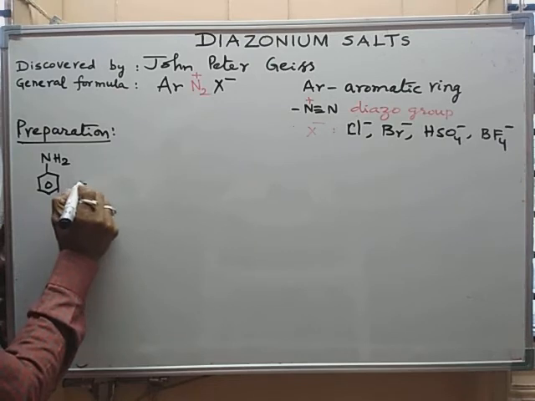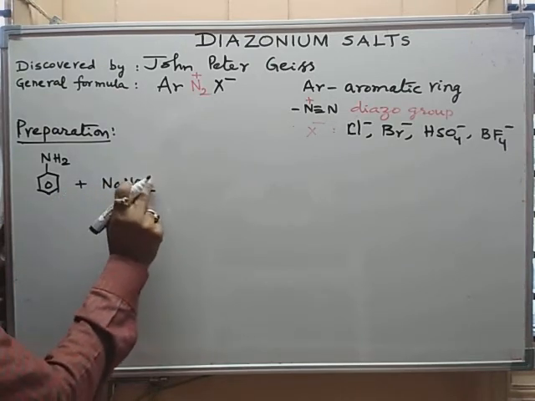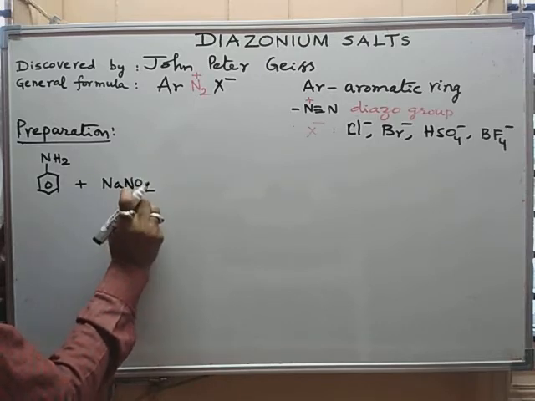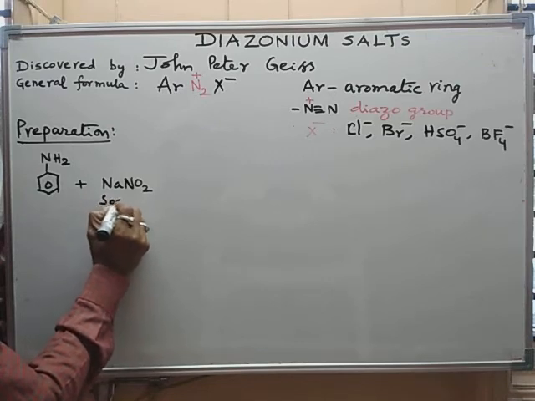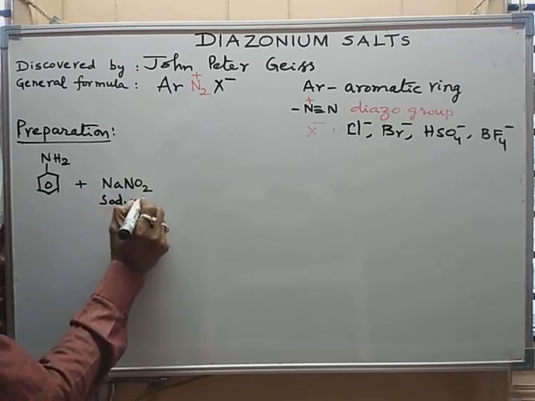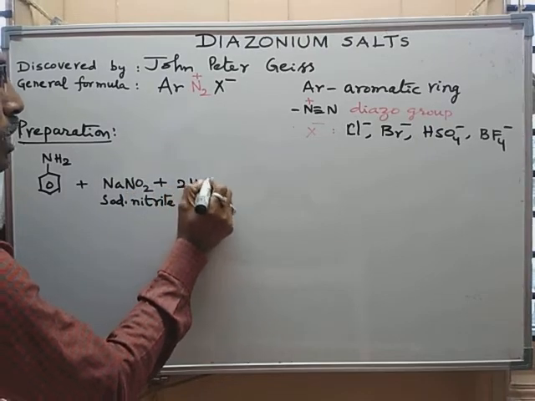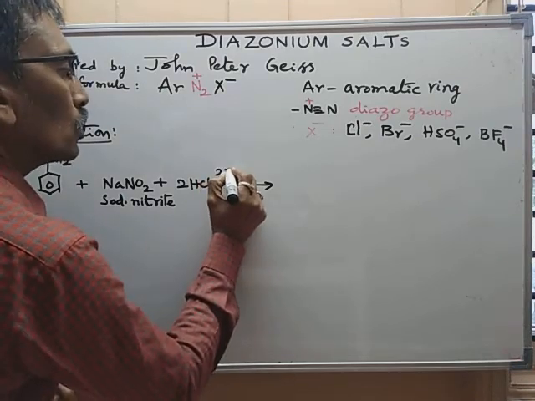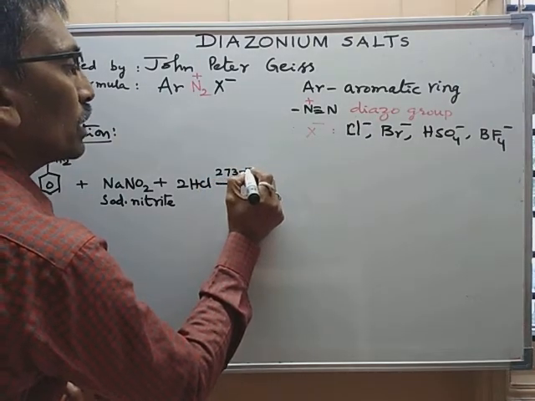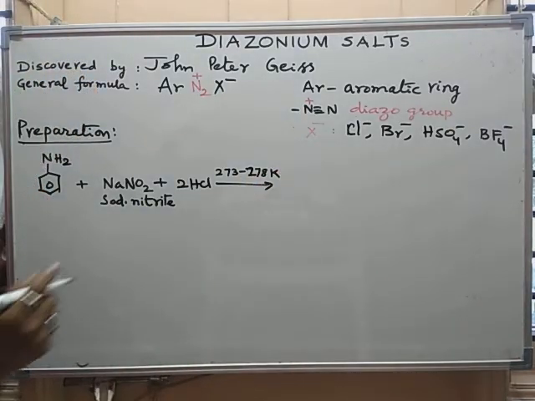NH2 treated with a salt NaNO2, that is sodium nitrite, with 2 moles of HCl produce, and you are maintaining 273 to 278 Kelvin temperature, 0 to 5 degrees centigrade, ice cold temperature, ice bath is maintained.